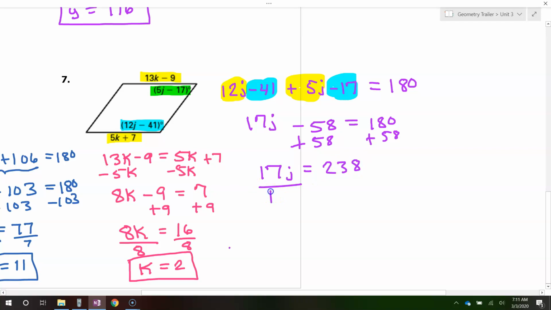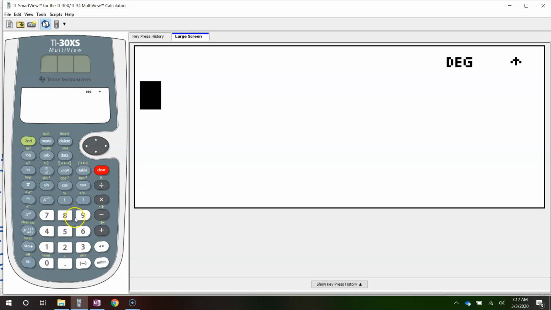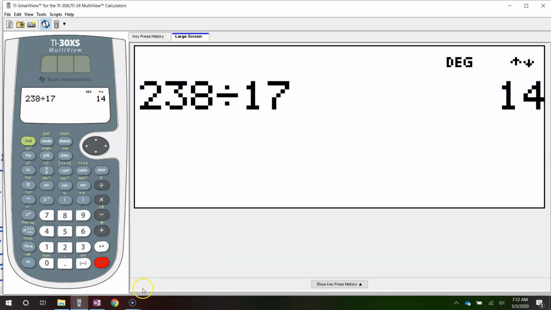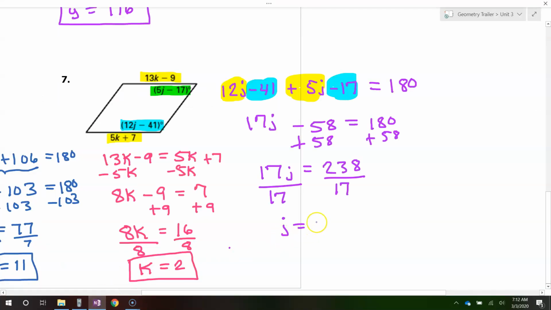So finally, we will divide both sides by 17. And that will leave us with j equals whatever that is. All right, and that is 14. So that is how you use the properties of parallelograms to find unknown values.